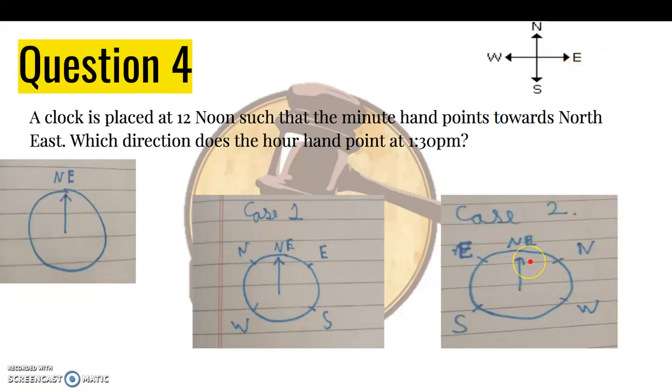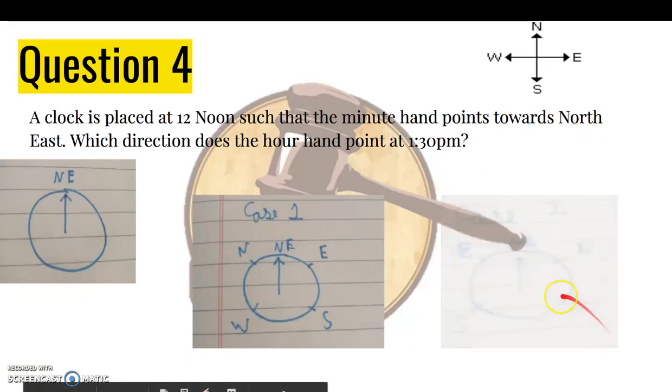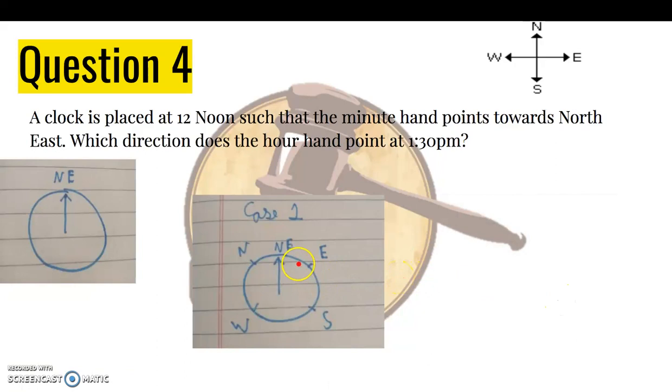But in case 2, right of north is coming out to be west, which means this will be wrong and we would eliminate case 2. Now in the remaining alternative, we have to find where the hour hand would be at 1:30 p.m. So almost here it would be, which would mean east, and hence east would be our answer.